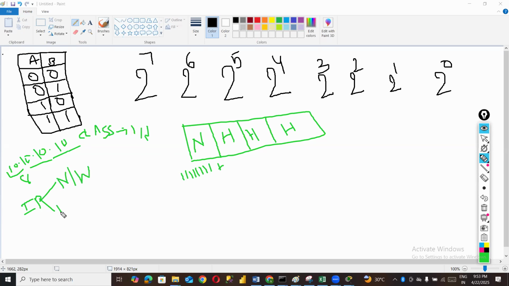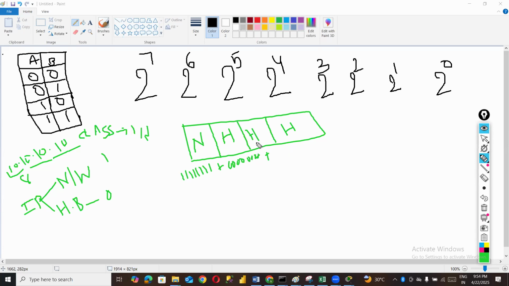Network bits are identified with a 1 and host bits with a 0. So wherever we see network bits, we take 1 1 1, and wherever we see host bits, it is 0 0, a total of 8 zeros.